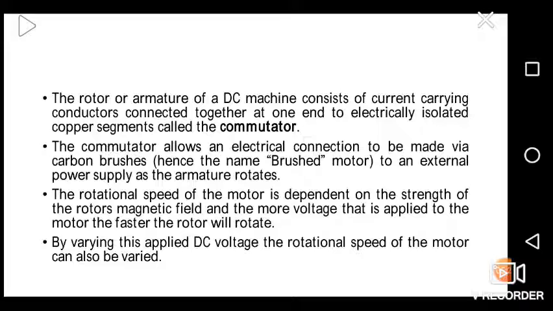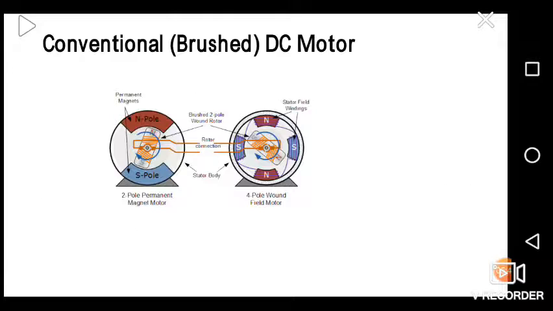The rotational speed of the motor is dependent on the strength of the rotor magnetic field, and the more voltage that is applied to the motor, the faster the rotor will rotate. By varying the applied DC voltage, the rotational speed of the motor can be varied. The figure shows a conventional brushed type of DC motor.